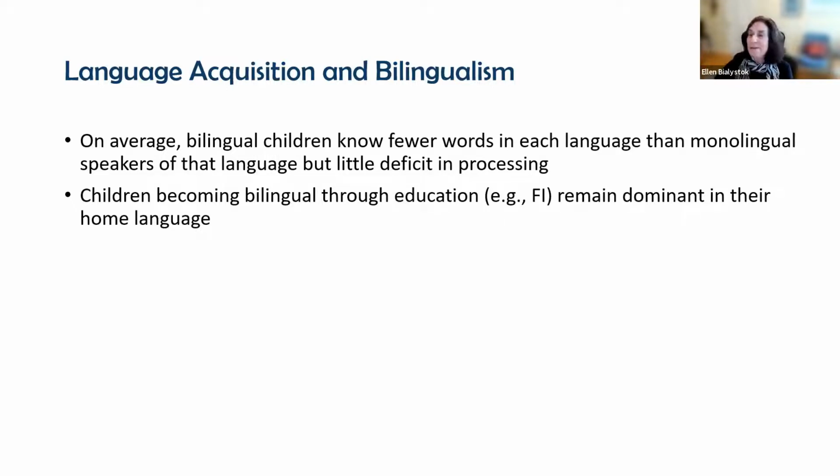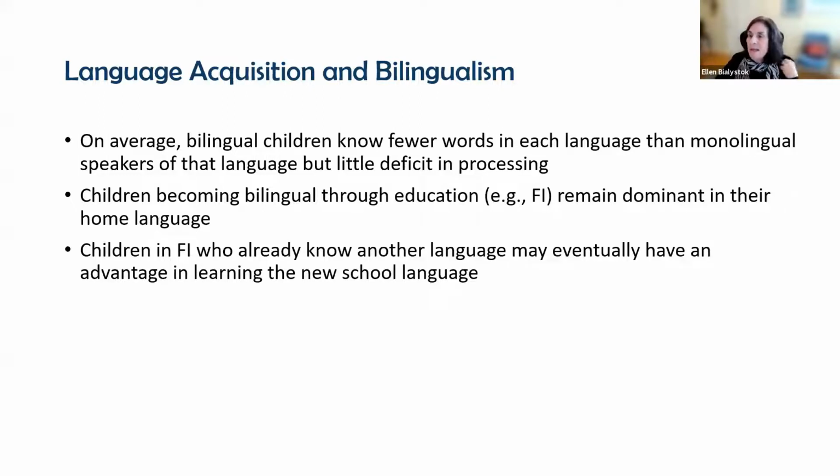French immersion doesn't make you native-like, it just doesn't. But children in French immersion who already know another language, these are the bilingual kids learning French as a third language, seem to have an advantage in learning that new language.